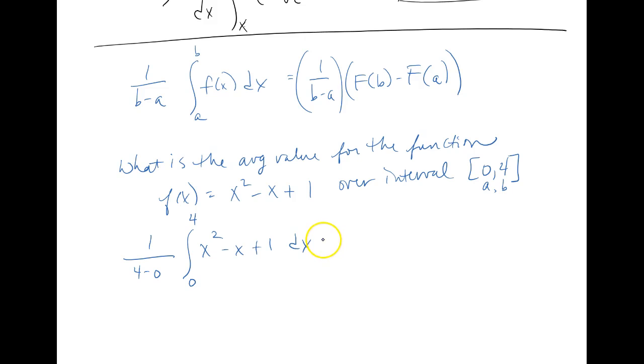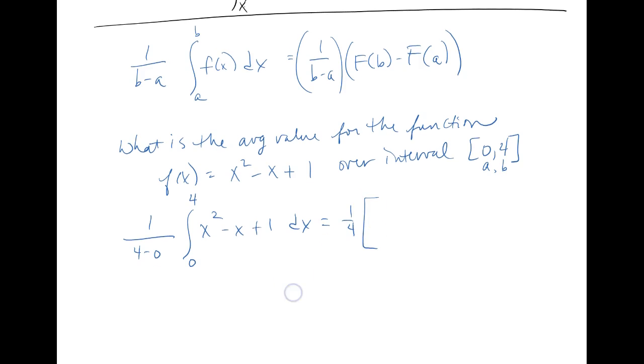So this is going to be 1/4 out front, and the integral of this is going to be 1/3 x to the third minus 1/2 x squared plus x. We're going to evaluate that from 0 to 4, and once I do this math, I will be done.